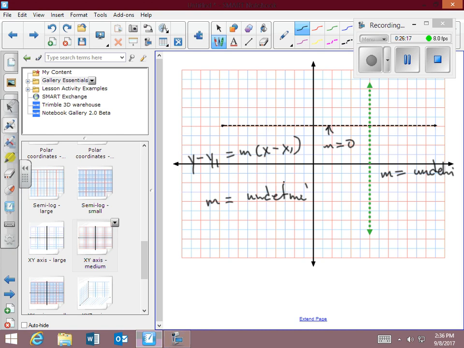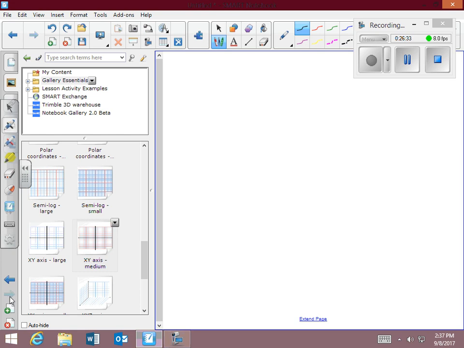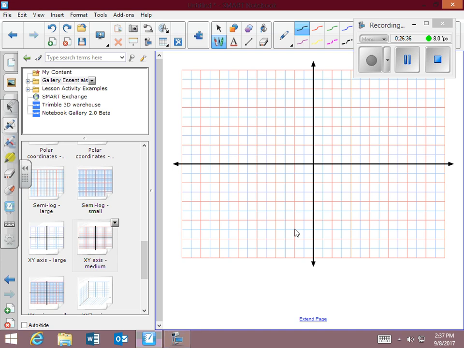Okay, 82 says for an equation of the form y equals mx plus b, how does the graph of this equation change if the value of b changes and the value of m remains constant? So if I take this line right here, its y-intercept, the b would be the y-intercept, wouldn't it? Its y-intercept is here, correct?